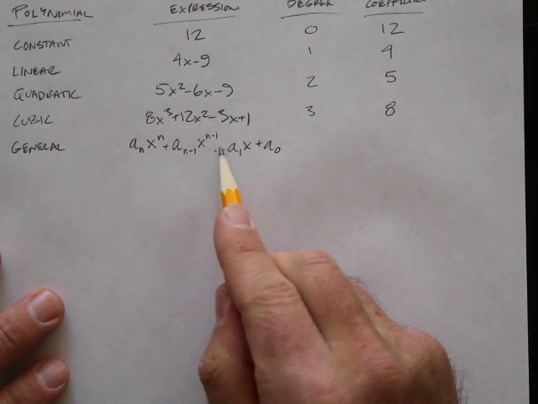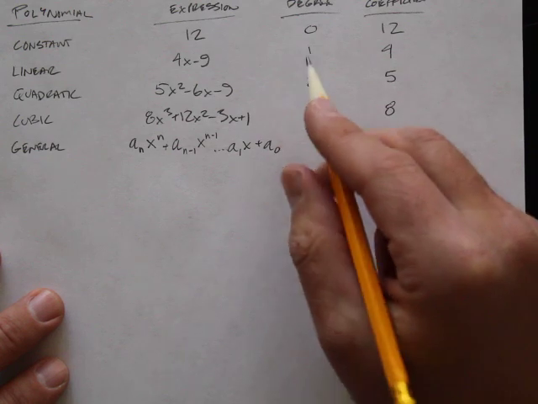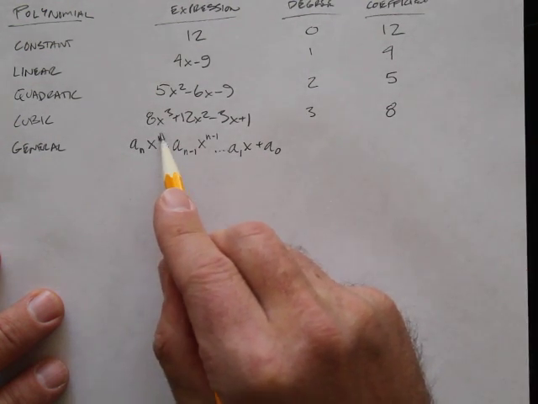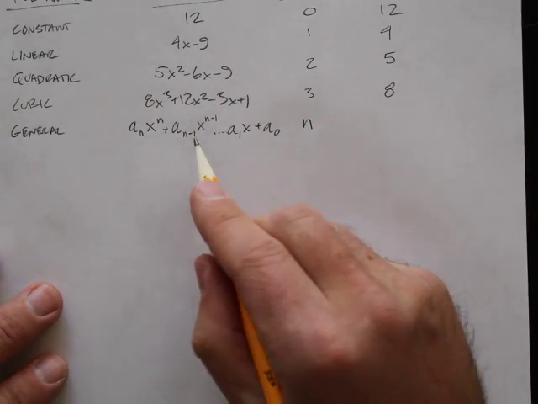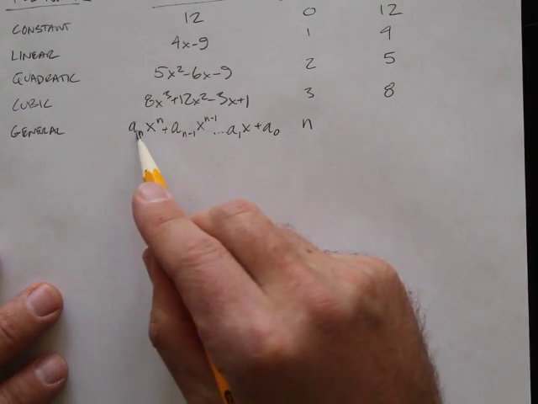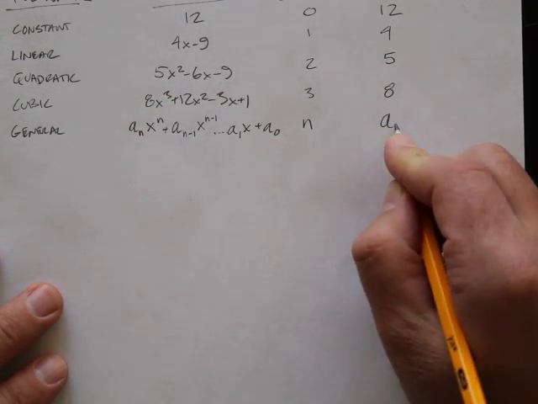So there could be a whole bunch in between here, n minus 2, n minus 3, n minus 4. So the degree is this number here, the greatest power, and then the leading coefficient next to that greatest power is a sub n.